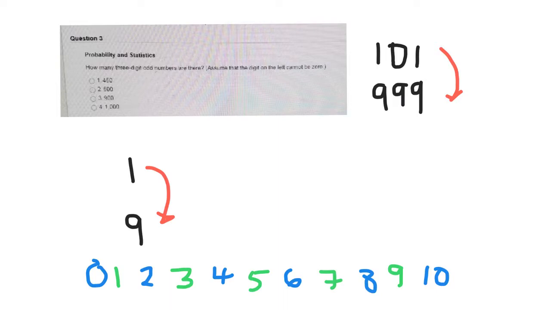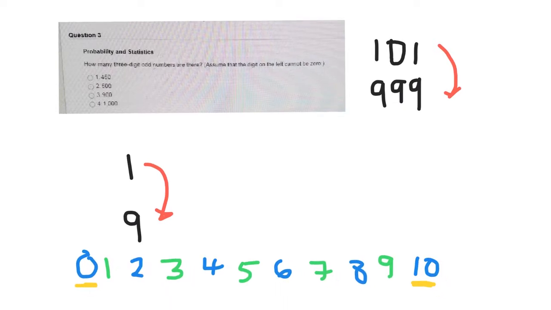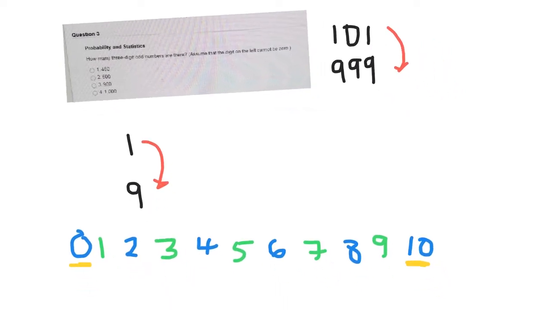So one thing you could do is get clear on what I would call the outside parameters here. The outside parameters are this number right here and this number, because we're taking interest in this area right here, because we're interested in the one-digit odd numbers.